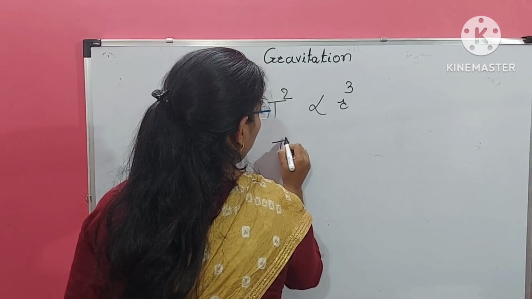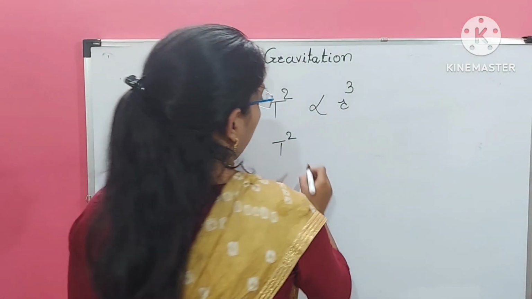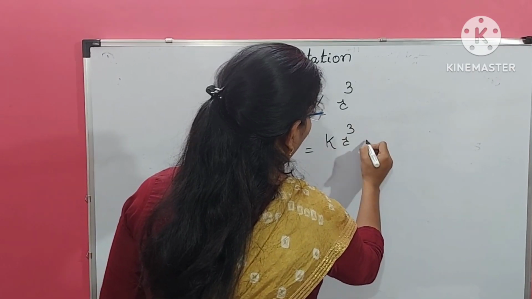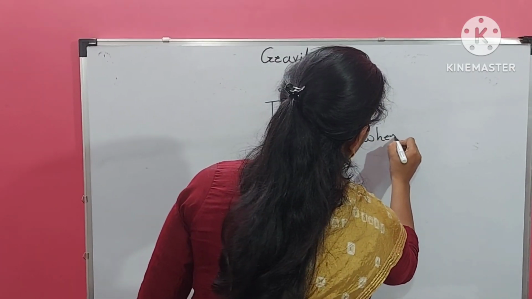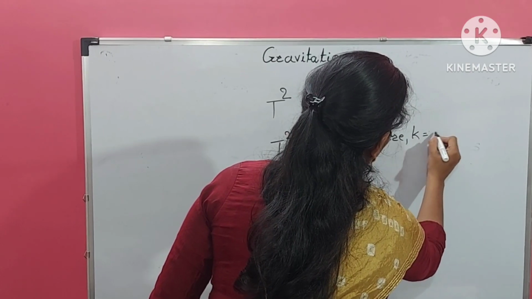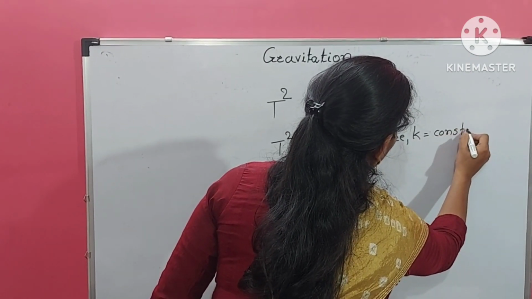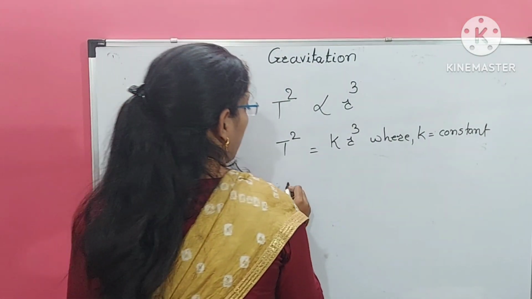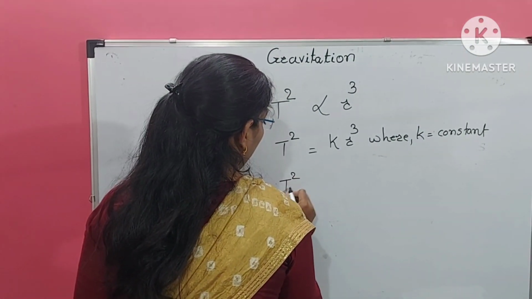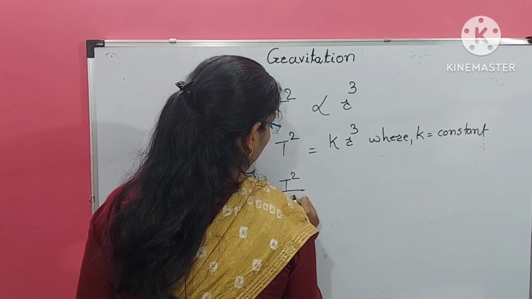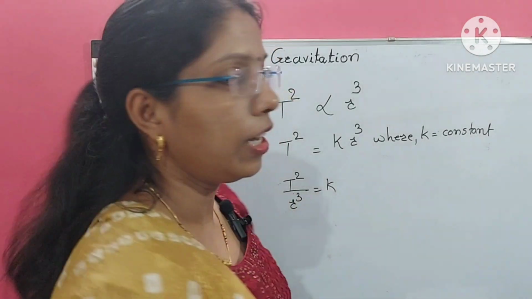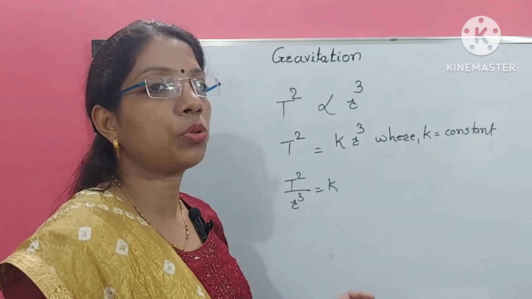We have to remove the proportionality sign and take equal to k, where k is a constant. So we can write T squared by r cubed equals k, and we have to use this value of k in Newton's inverse square rule.